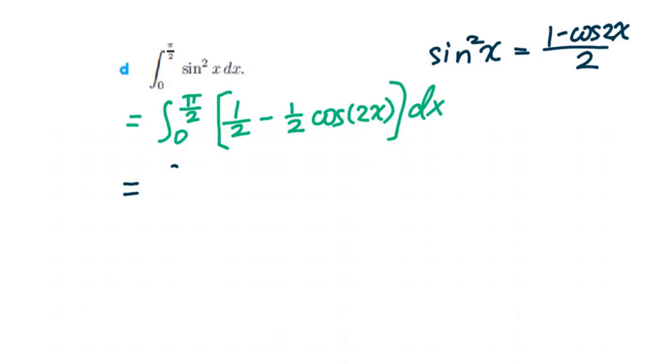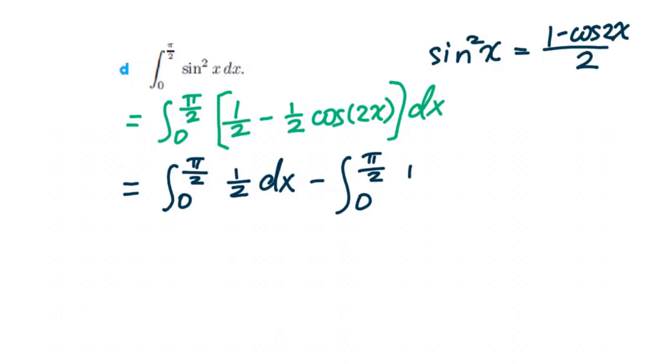We separate, you will get the integral from 0 to pi over 2 of 1/2 dx minus the integral from 0 to pi over 2 of 1/2 cosine 2x dx.